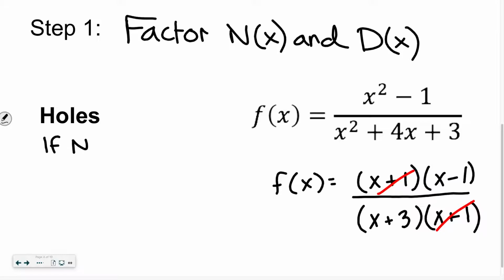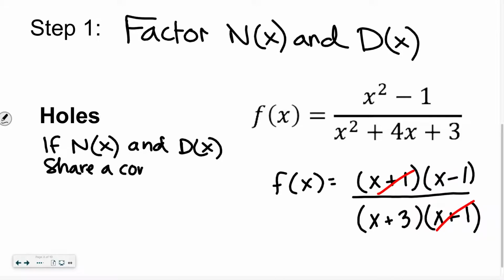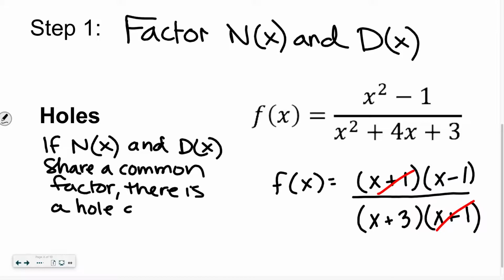If n of x and d of x share a common factor, then there is a hole at the zero of the factor.